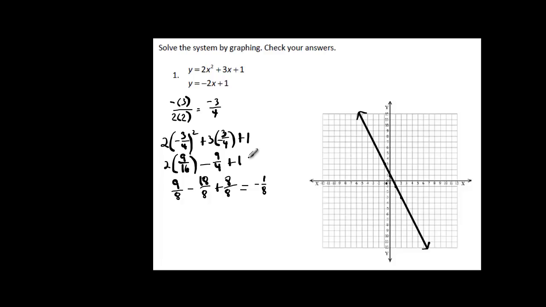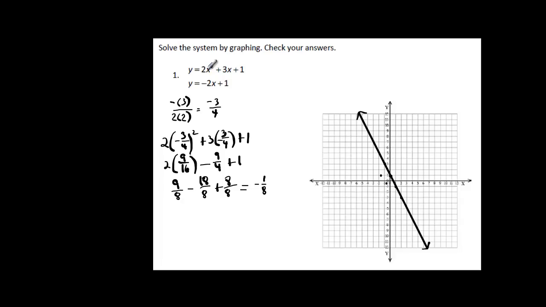Okay. Now we know that the y-intercept is 1, so we could have a point here, and also, because it's -3/4, we're going to have -1.5, 1 as a point. Let's also plot another point here.